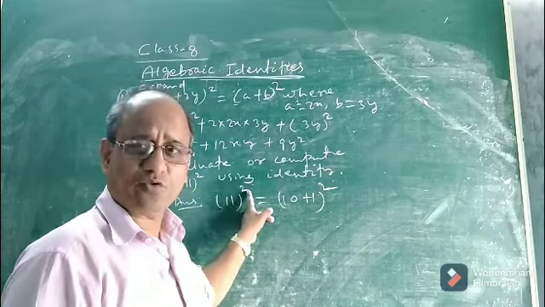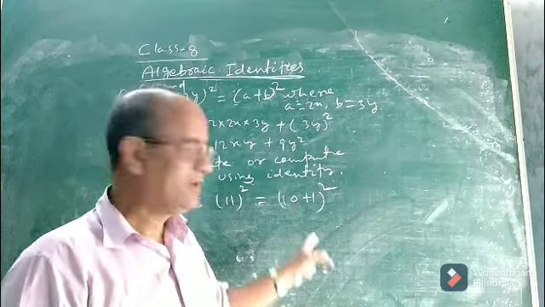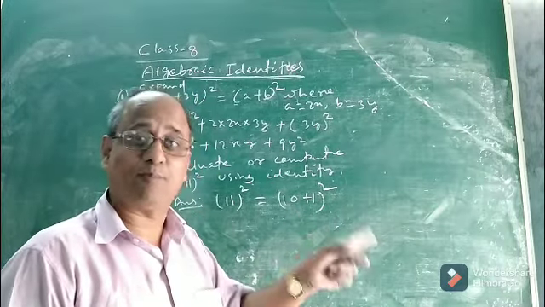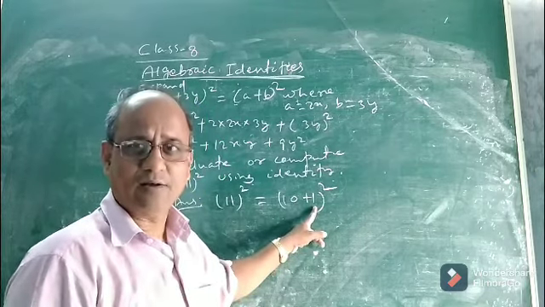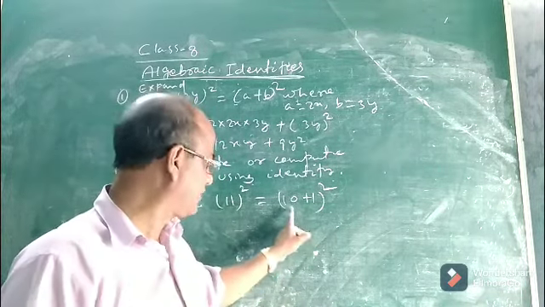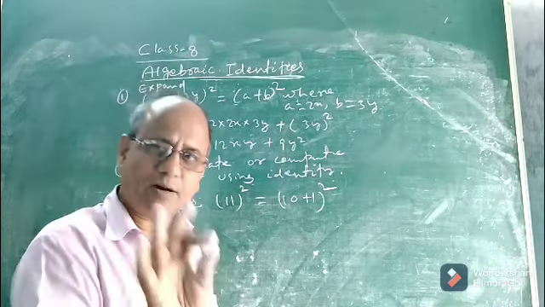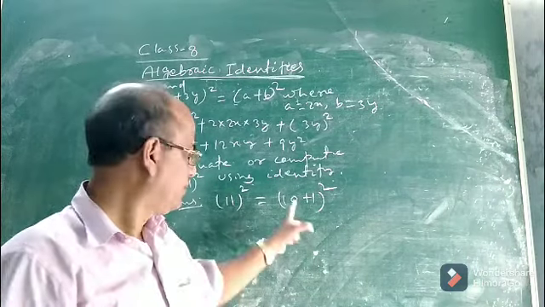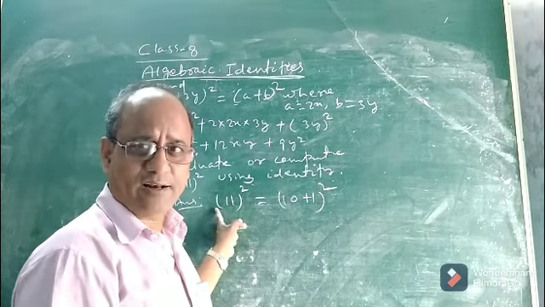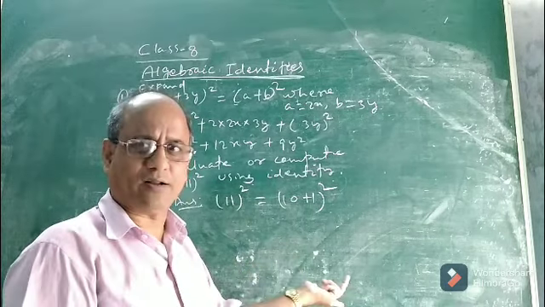By writing 11 square as 10 plus 1 whole square, it has come in the form of the identity a plus b whole square, where a is 10 and b is 1. If you write 12 minus 1 whole square, then it will become a minus b whole square, but you will get the same result. So we can break 11 as 10 plus 1 whole square or 12 minus 1 whole square.